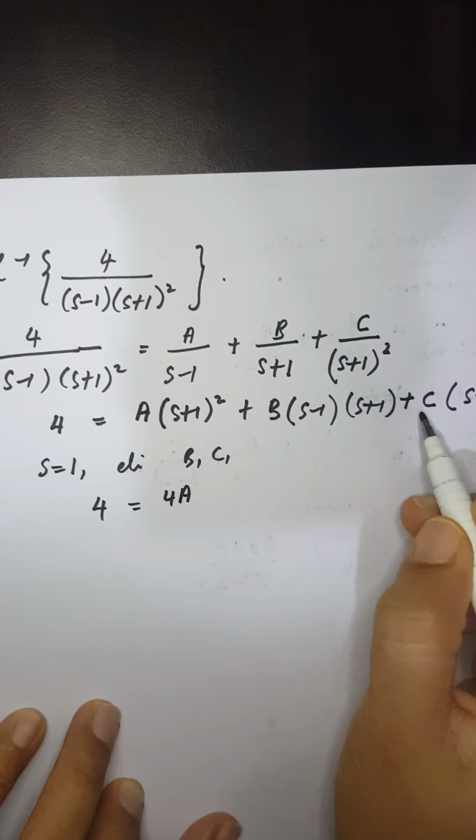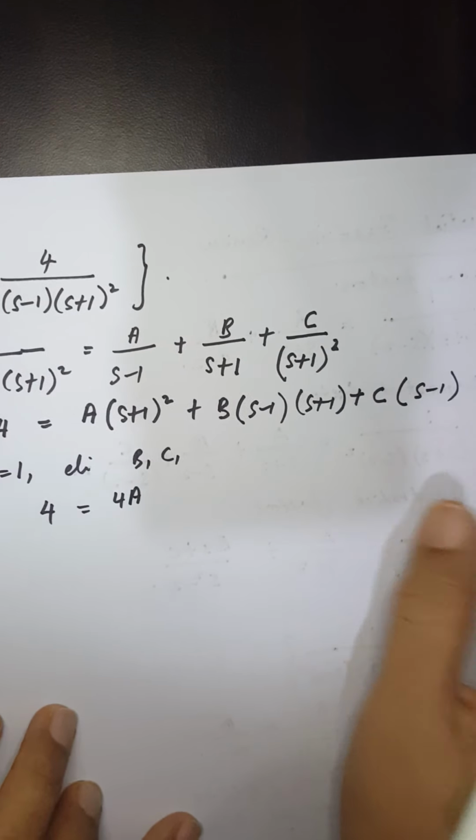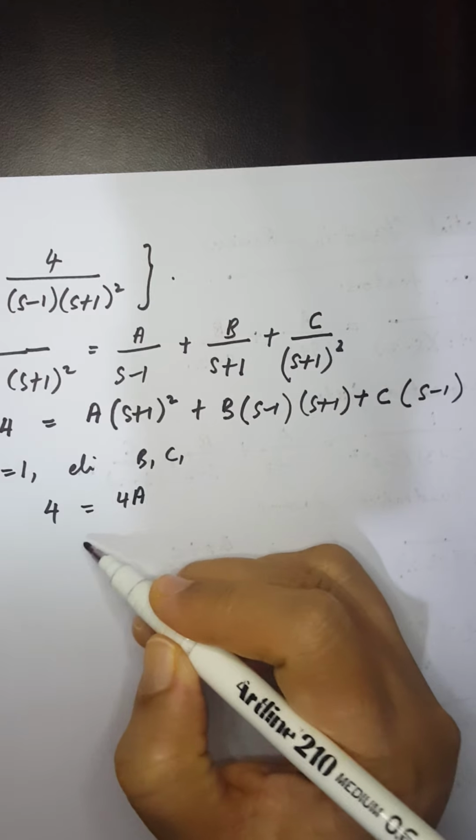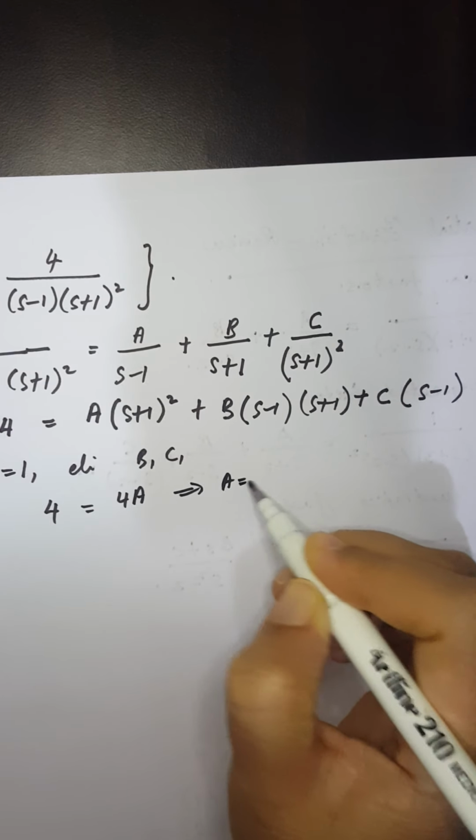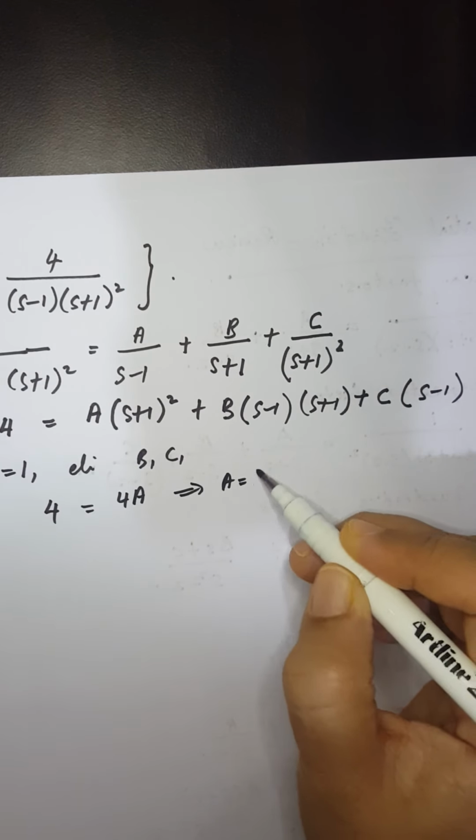B and C are eliminated already, so we got A straight away. It's a very fast way using the elimination method.